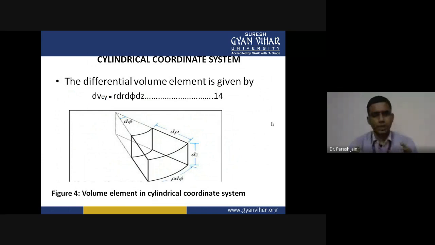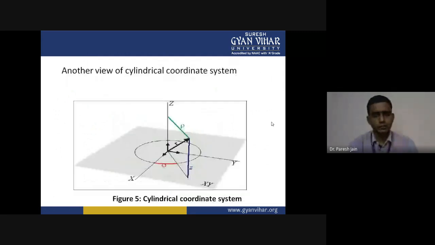Each element is multiplied by r. So this is the volume element in the cylindrical coordinate system, through which we are able to find the volume of the cylinder. So I again repeat the volume, that is dv equal to r dr d phi dz.